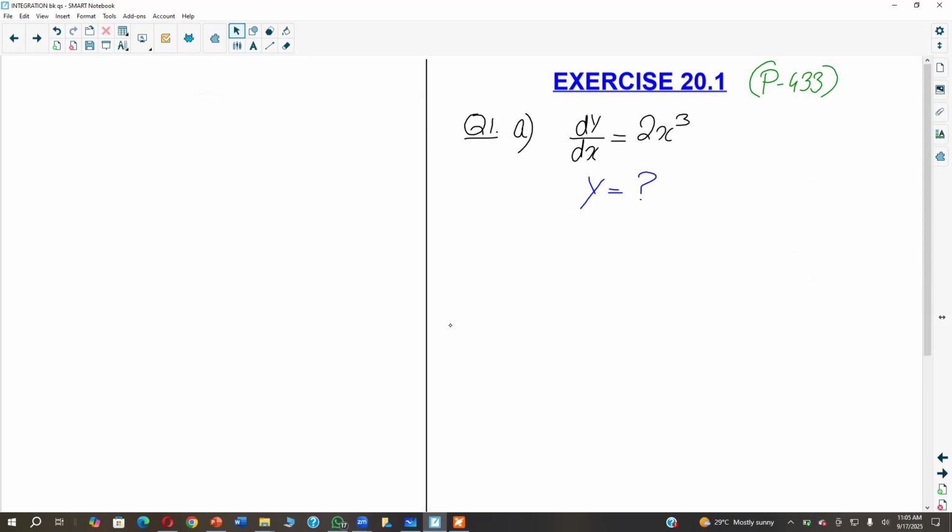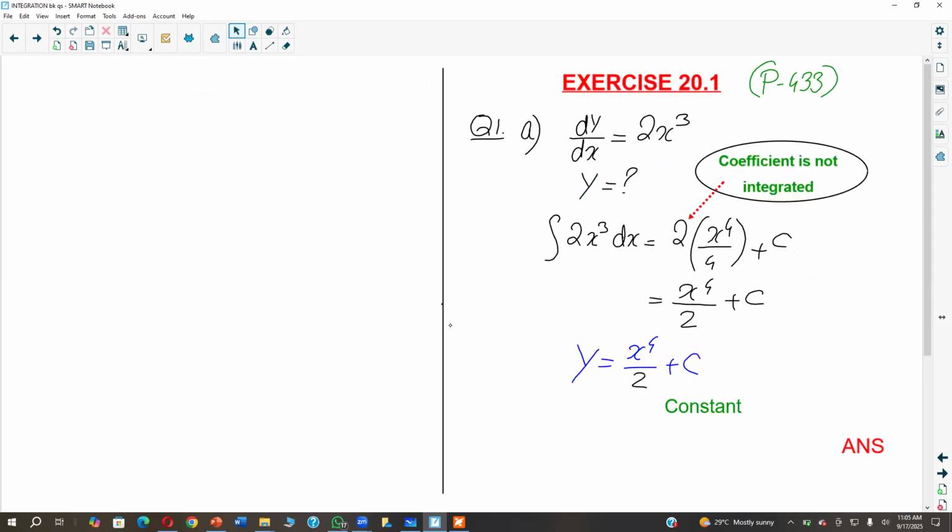So you need to integrate. When you integrate, x cube will become x power 4 upon 4. You simplify and you get y is equal to x power 4 upon 2 plus c. This is the integration.